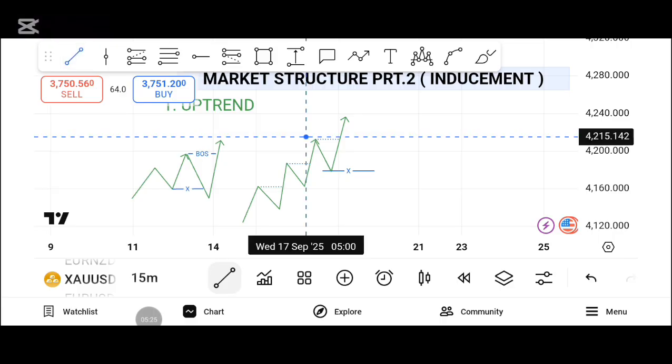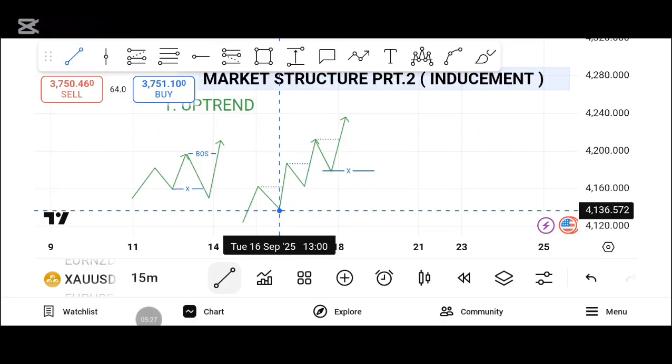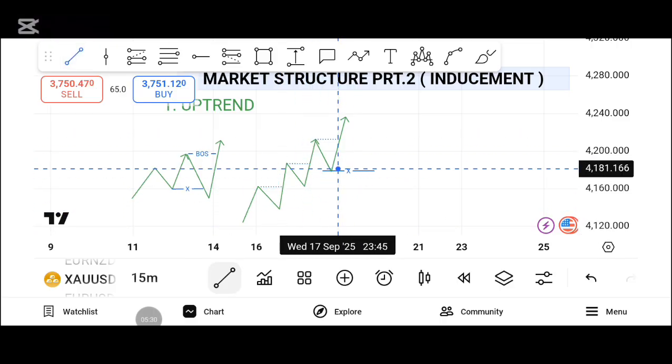So your inducement has shifted from here to here and here.